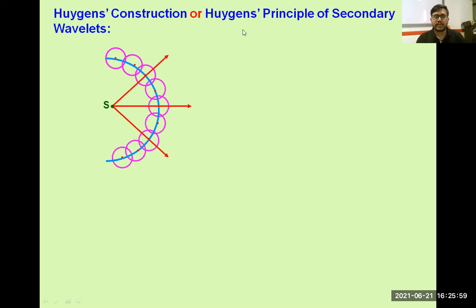So one sphere will give another sphere formation. So you can say if this is our source, this source will produce one sphere like this. Again, these dotted points also will produce spherical wavelets like this. Again, this sphere also produces secondary wavelets like this.